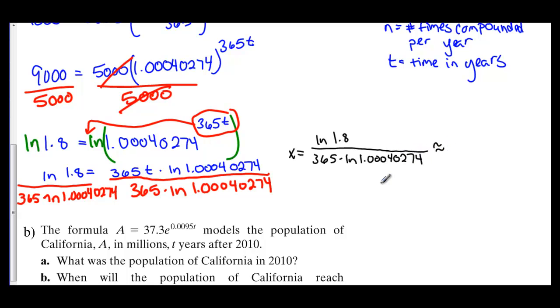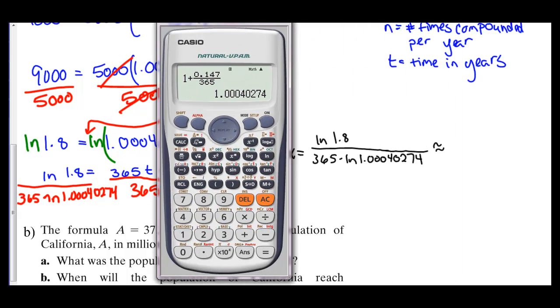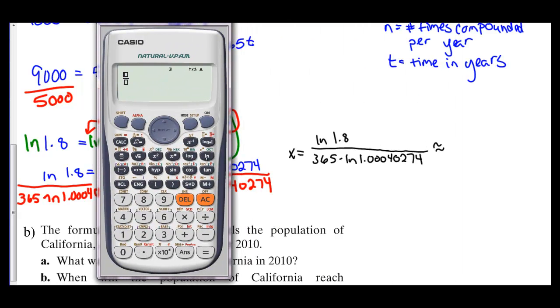And we can get the decimal equivalent using our calculator. So the natural log of 1.8 divided by 365 times the natural log of 1.000400274.